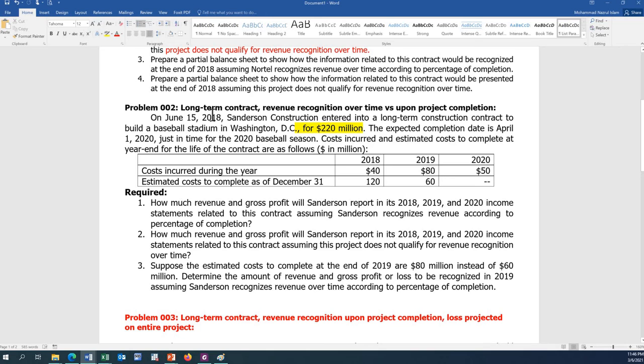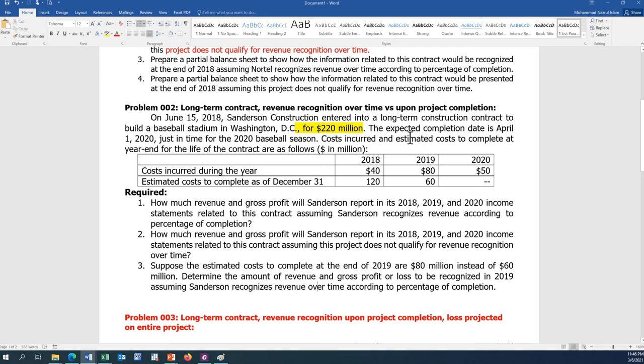On June 15, 2018, Sanderson Construction entered into a long-term construction contract to build a baseball stadium in Washington, D.C. for $220 million. The expected completion date is April 1st, 2020, just in time for the 2020 baseball season.